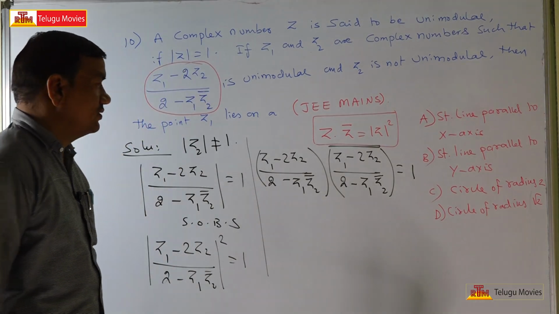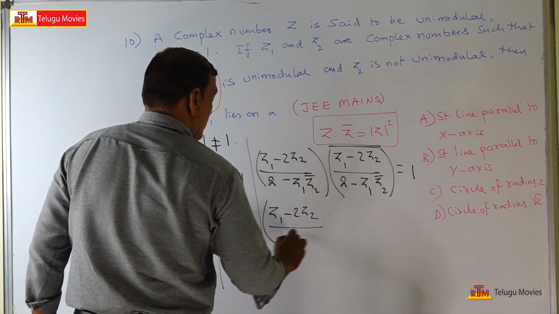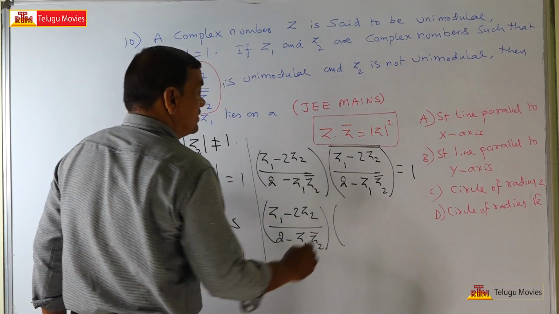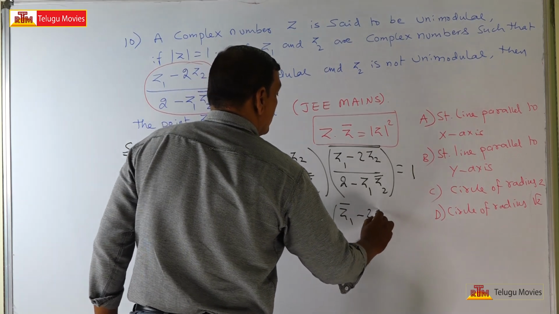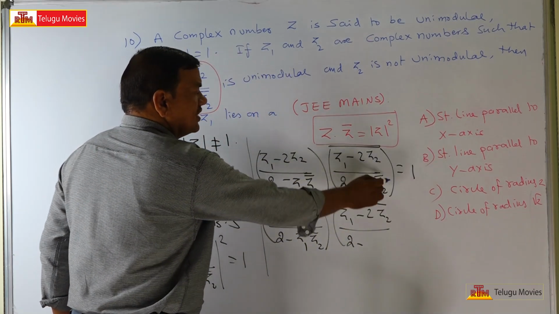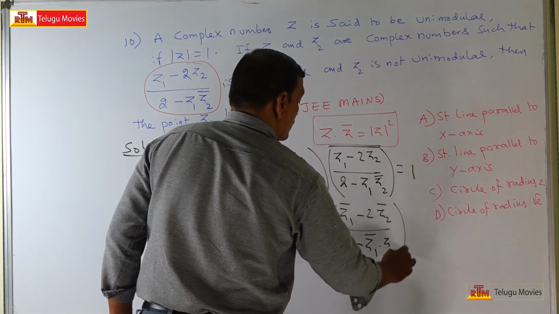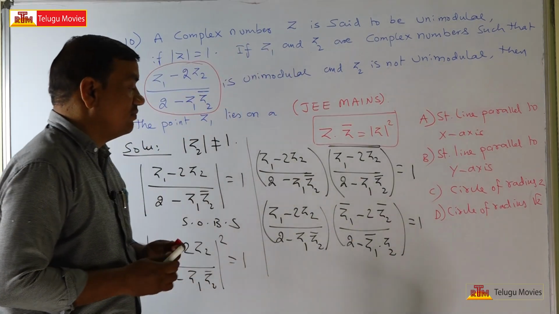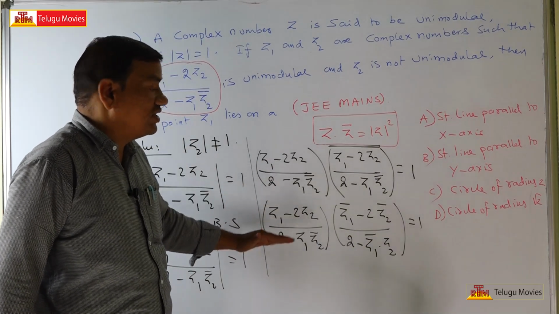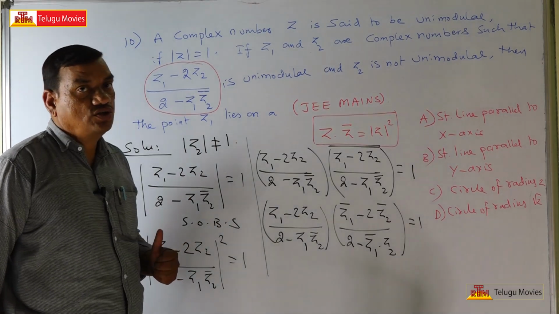This term will be as it is. Here you will get z1 bar minus 2 times z2 bar by 2 minus z1 bar times z2, because the bar will come for all the terms. Here z2 bar whole bar is equal to z2. So we will multiply the numerator terms and the denominators, take the cross multiplication, and we will get the expression. Let us continue our solution.